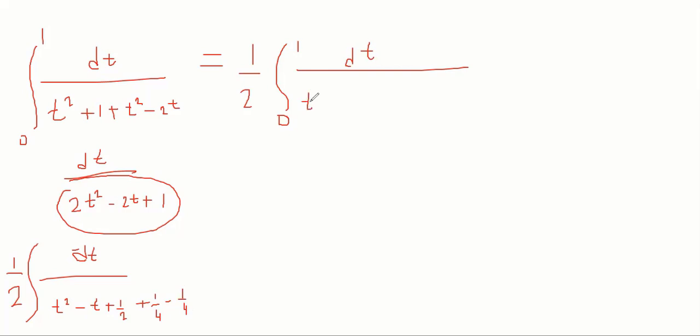So if I write t square, so a square, then minus 2ab, so minus t, plus 1 by 4. I have taken t square minus t plus 1 by 4. What is remaining now? Half minus 1 by 4.